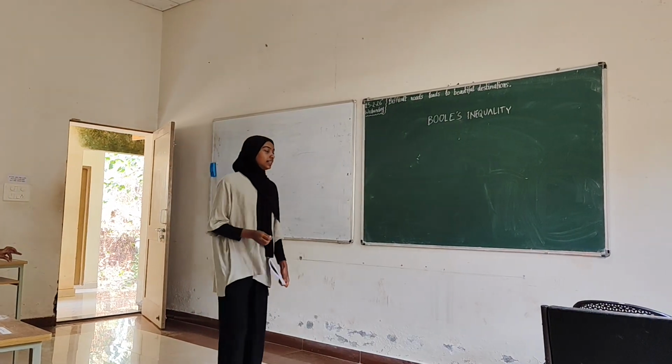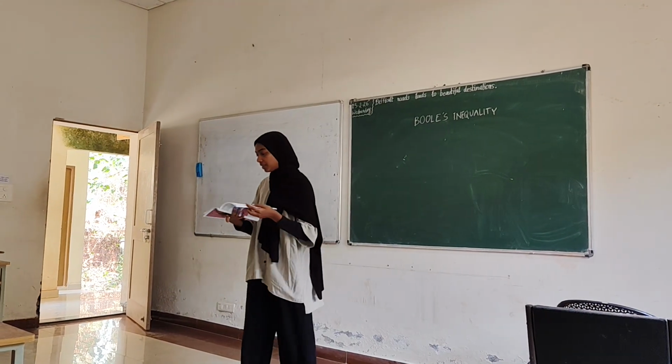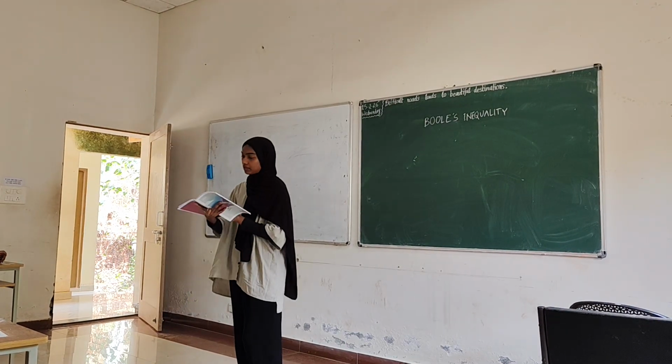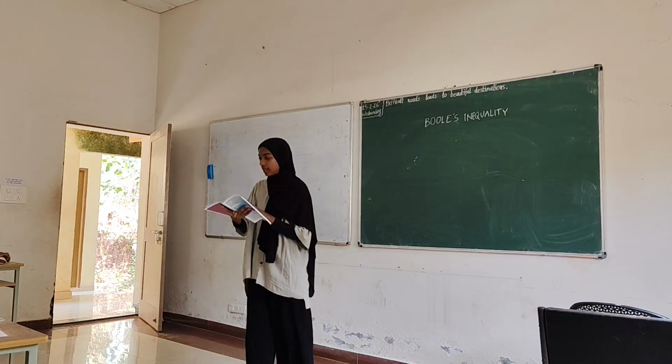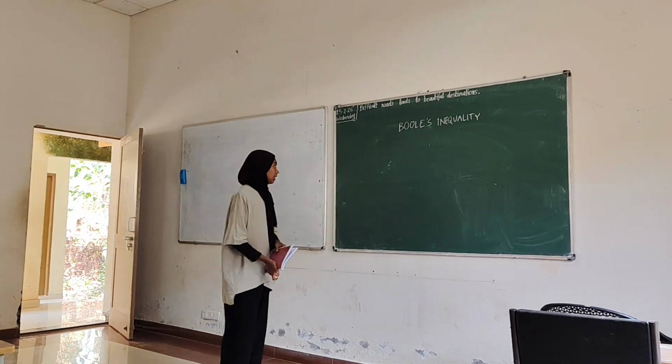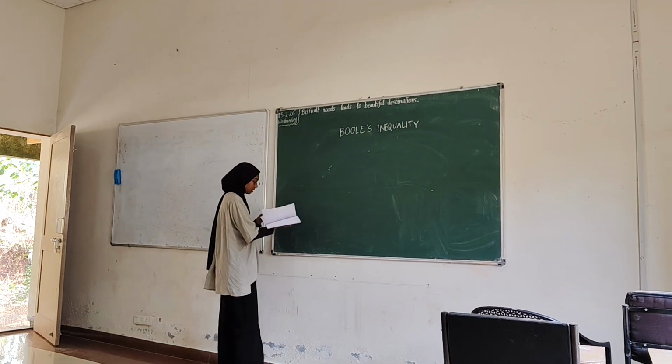It states that for any finite or countable collection of events, the probability that at least one of the events occurs is less than or equal to the sum of probabilities of individual events. So he introduced two inequalities.